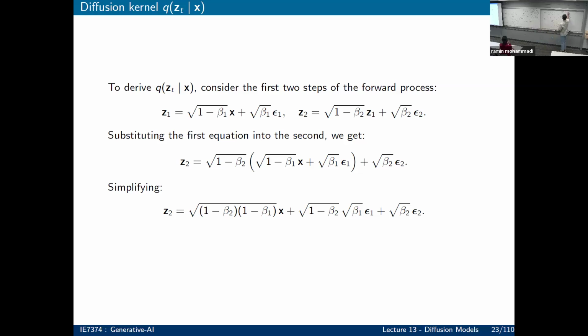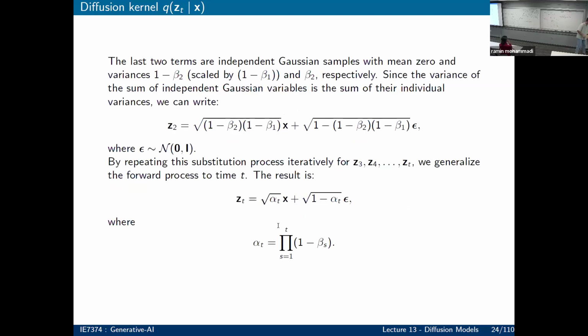Plus the second one is beta 2 epsilon, correct? So if you combine these two, it will produce the second term here, correct? So this term, if you multiply this by that, minus 1 will be exactly the multiplication of these two plus that, right?